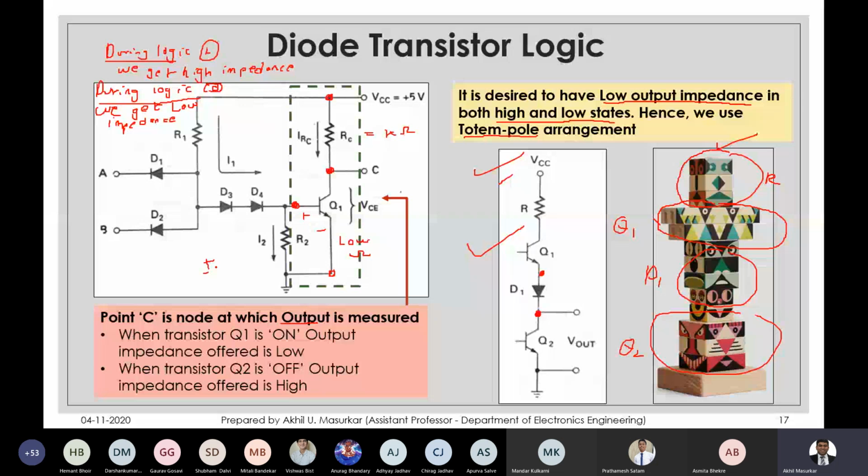The voltage drop across I2 R2 was actually controlling this Q1. But now there are two transistors, Q1 and Q2. So we require a control circuit such that both the transistors are controlled. For that purpose, now we have to go for the next circuit.